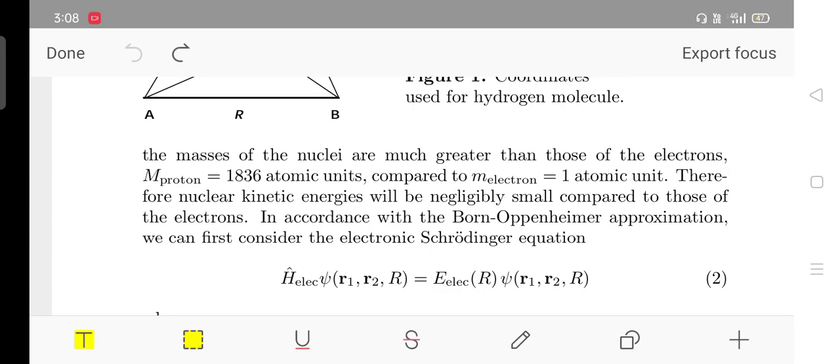I repeat again, the kinetic energy of the electrons is much greater than the kinetic energy of the nucleus, because the mass of the nucleus is greater than the mass of the electron.